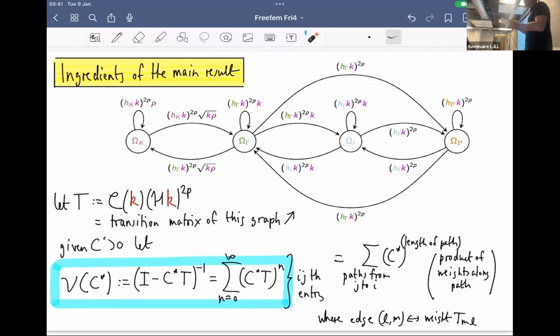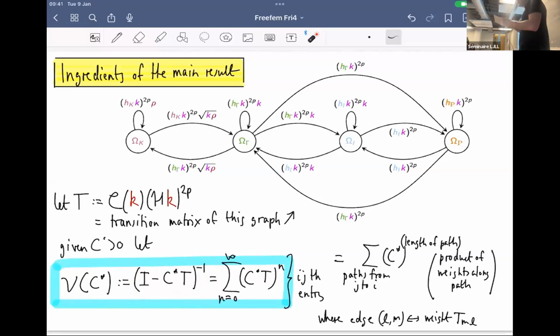And so then there's some sort of graph theory that we need to do, because I define this matrix V. So I'm given some sort of constant. And it turns out, because what happens in the proofs is I want to invert. I have an equation satisfied by my error, but it's got this I minus C inverse T, and I want to invert this I minus C star T, with C just some constant.